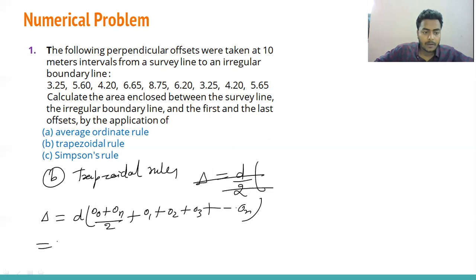Now d is 10 meters into first ordinate 3.25 plus last ordinate 5.65 divided by 2.